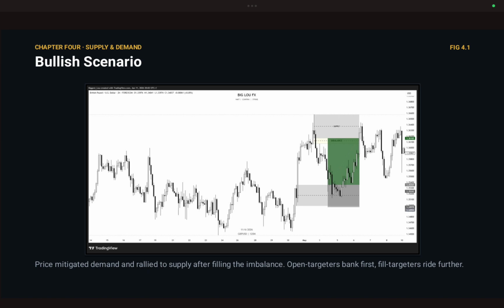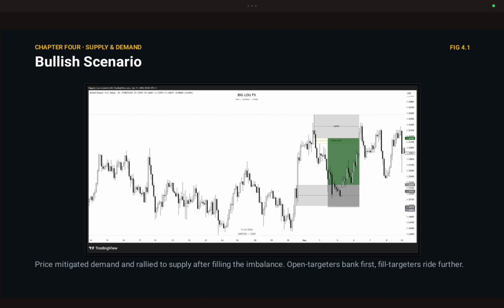Second level it gets to is the opposing imbalance open. Then it gets to the imbalance fill, it mitigates the opposing zone, and then at the end of it all, if it clears that zone, that means it clears the full trend. That full trend means opposing liquidity.